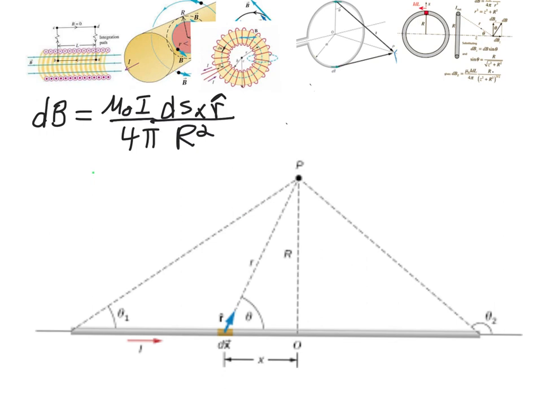So final problem 17 here. We know what the field is due to a long straight wire, but what if we have a short piece of wire, and we're relatively far away from it, and we want to find the field?